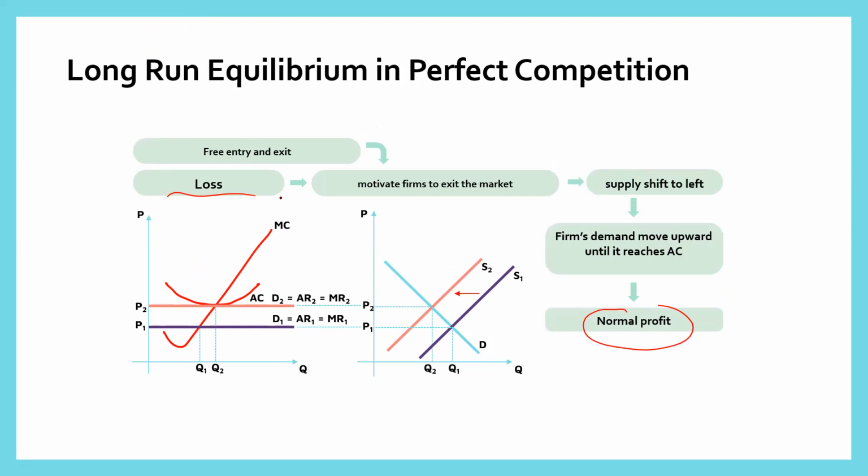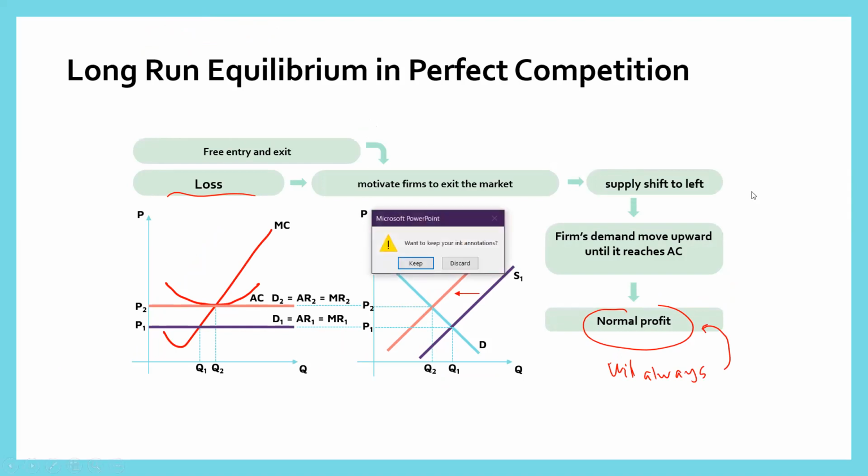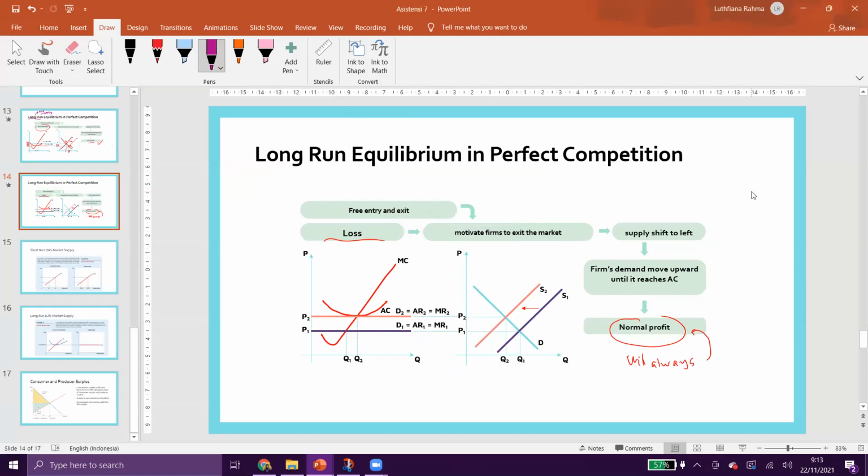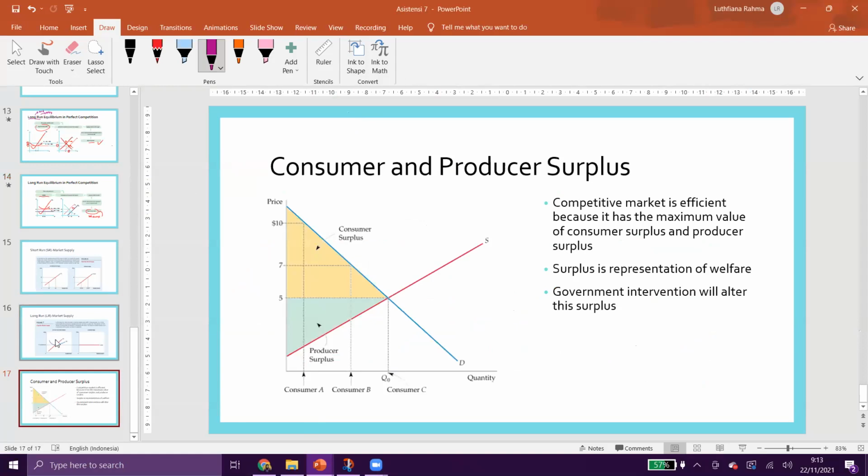The firms in perfectly competitive markets will always have a normal profit, at this kind of position. Okay, that is for the long run equilibrium.